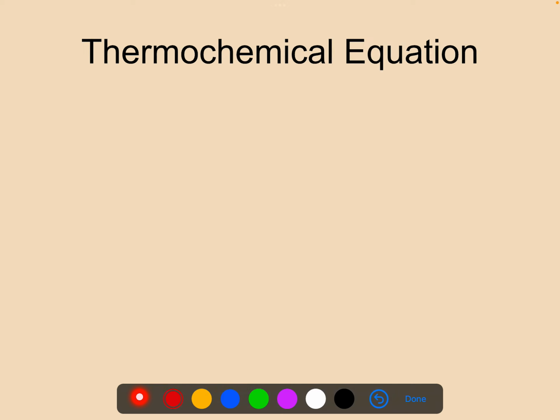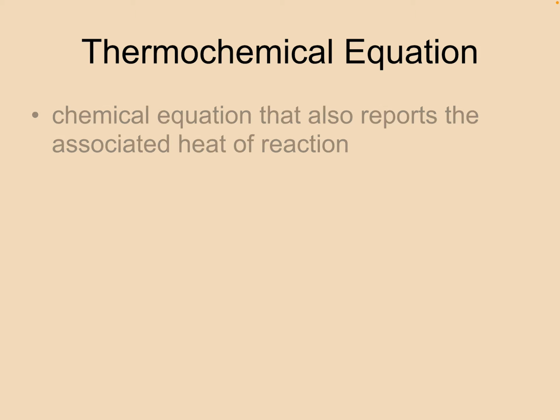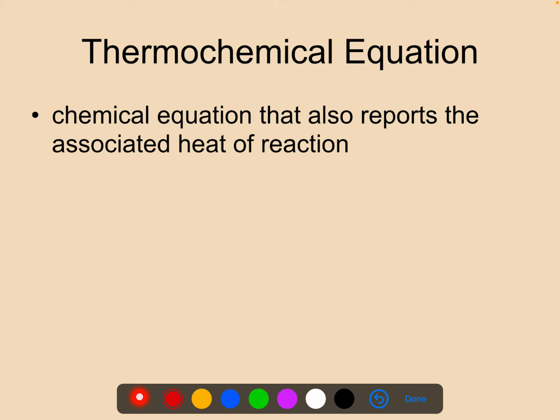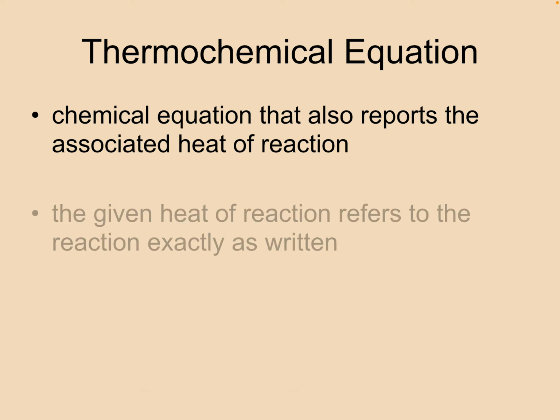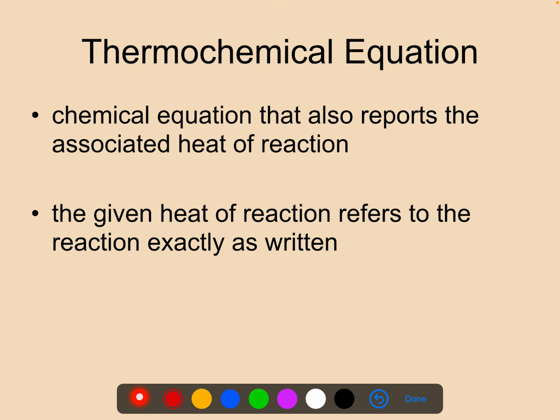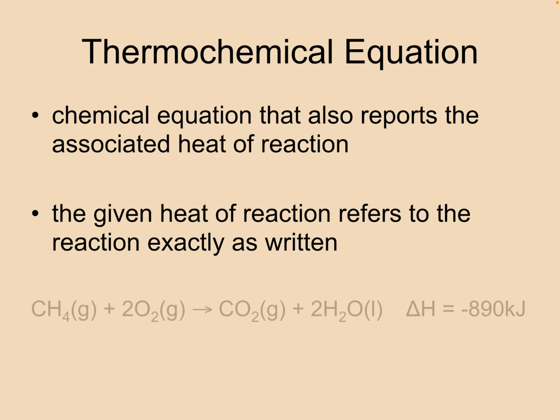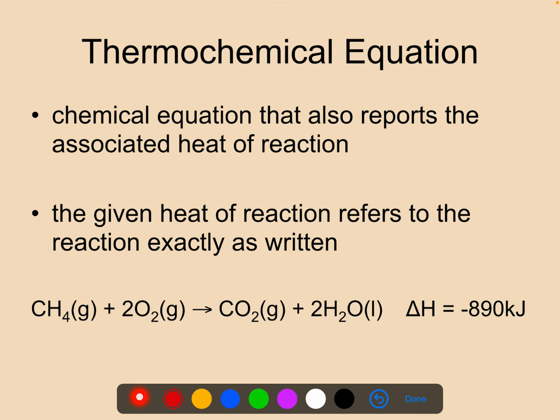Another way that we can look at the energy from a reaction is by looking at a thermochemical equation. This shows the chemical equation like we've normally looked at, but it also shows the heat of reaction in terms of that specific equation. The given heat refers to the reaction as written with the mole ratios in the reaction. So here's an example thermochemical equation.